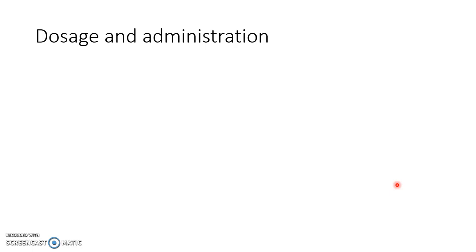For upper respiratory tract infections, the usual dose is 500 milligrams every 12 hours, so 500 milligrams BD. For group A beta hemolytic streptococcal pharyngitis and tonsillitis, 1 gram may be given as a single daily dose.